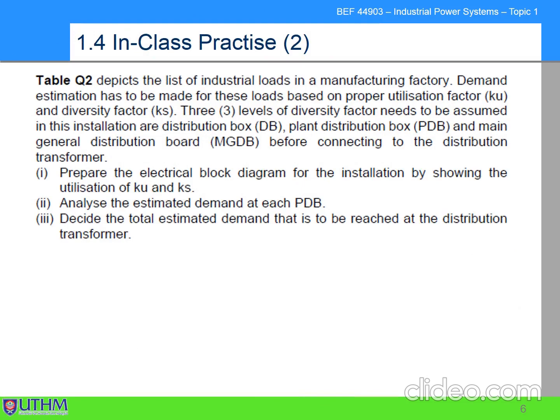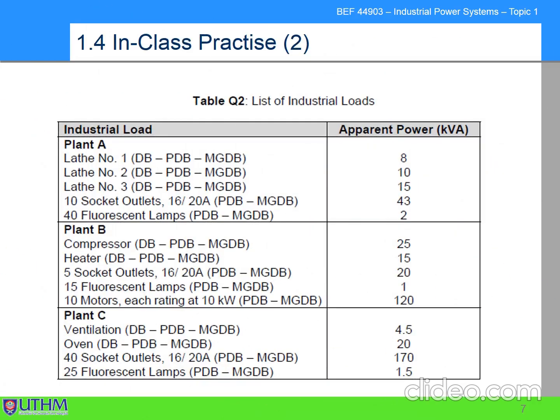Okay, this is the example for practice 2. Table Q2 depicts the list of industrial loads in a manufacturing factory. All the details are given, and there are 3 questions. Table Q2 is the list of industrial loads.